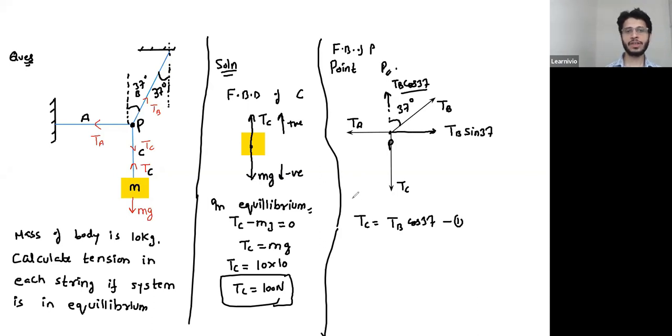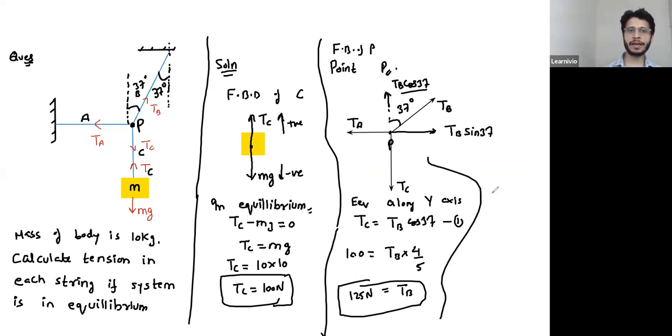If I consider equilibrium along the y-axis, you can substitute the values. You know that TC is 100, TB is unknown, but you know cos 37 is 4 by 5. So TB is 100 times 5 by 4, which is 125.